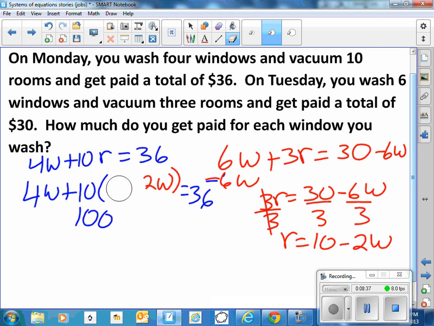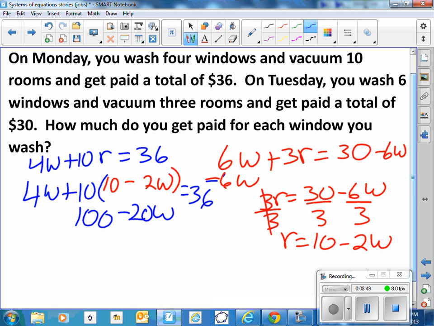Oops, I better take care of this while we're here. I see a mistake already. I put 10 plus 2W and it's 10 minus 2W. Sorry about that. So 4 windows plus $100 minus 20 of what I get paid for 1 window equals 36.